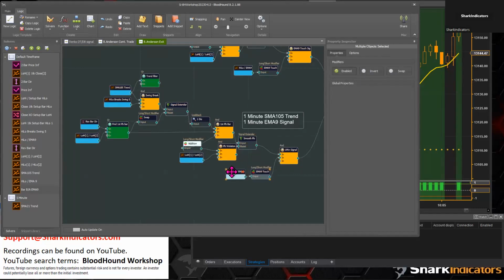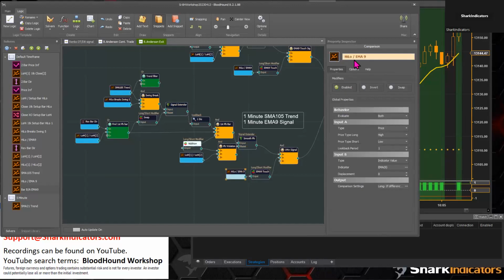So these solvers here, where we're looking at the bar touching the 9 EMA. And oh, that's right. I did name this. So let me go back and name that since I lost it. There we go.